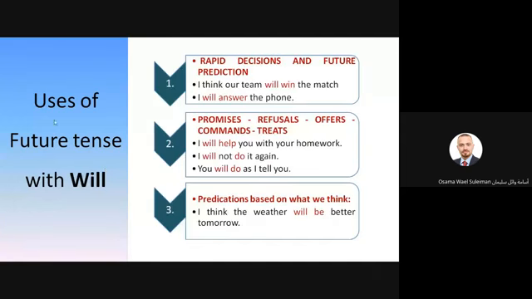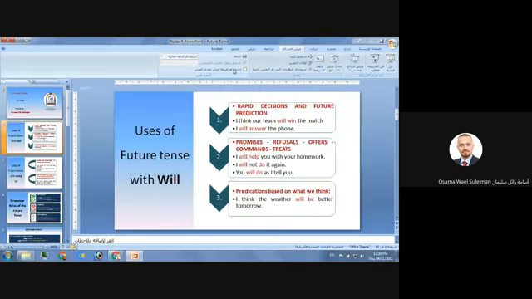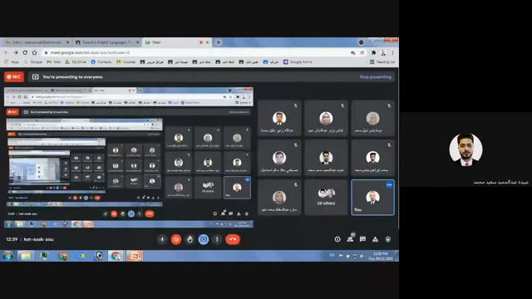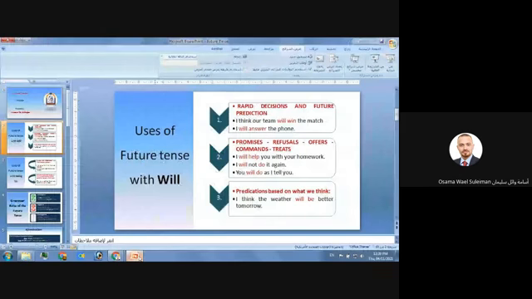Okay. We use the future tense with will for rapid decisions and future prediction. What do we mean by rapid decisions? قرارات سريعة.